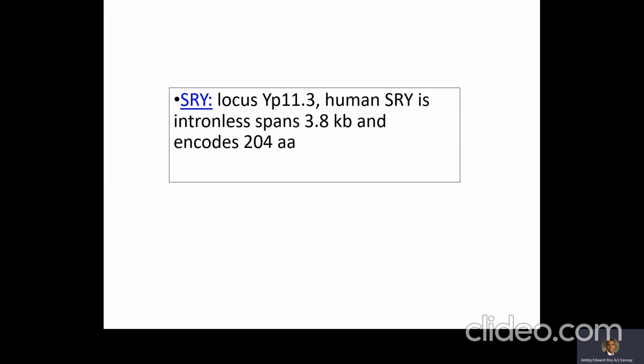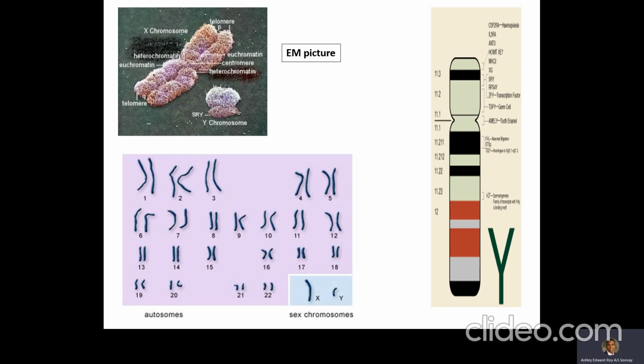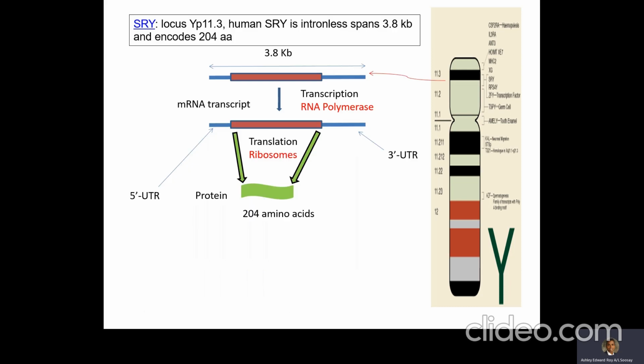The last one, the SRY gene, as we know, is located on the Y chromosome, the short arm of the Y chromosome, so it should be somewhere here. It is found at 11.3, and that is why it is the SRY gene.